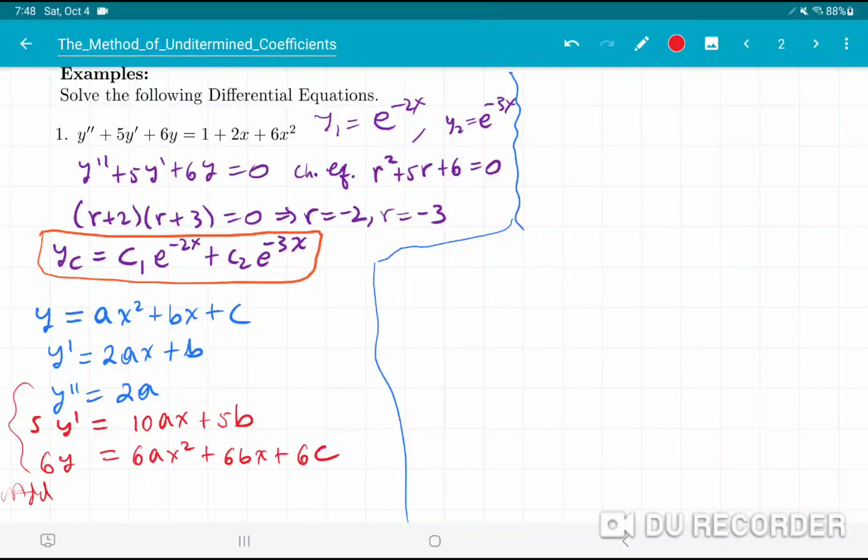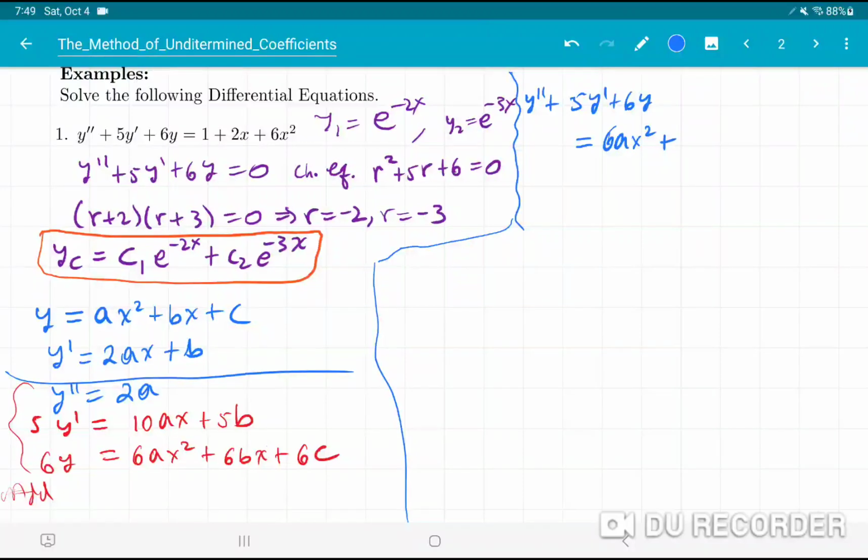So that gives us y double prime plus 5y prime plus 6y. That's the only x squared term we get, so that gives us 6a x squared.